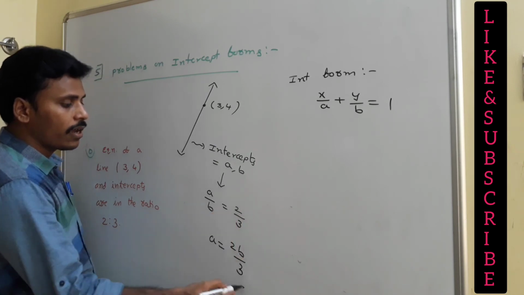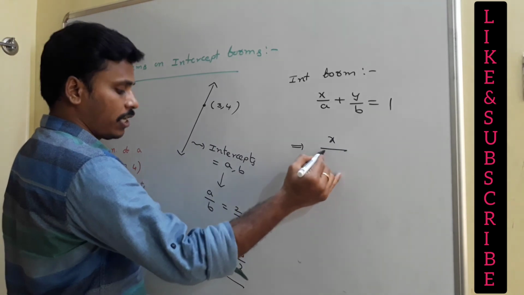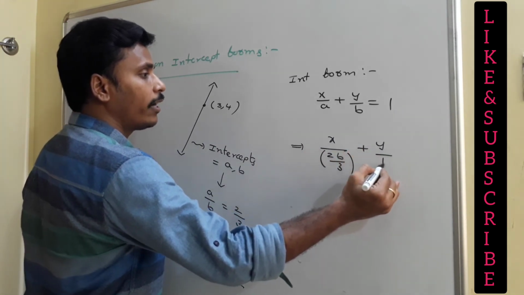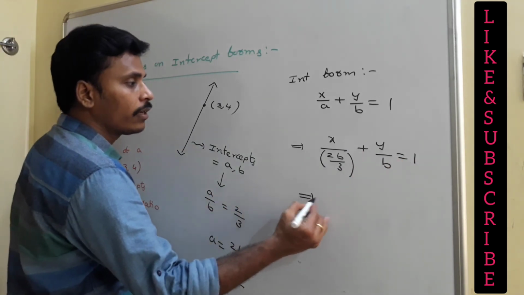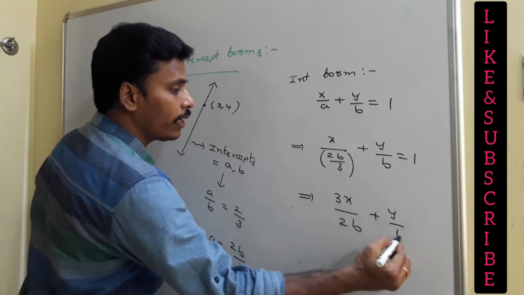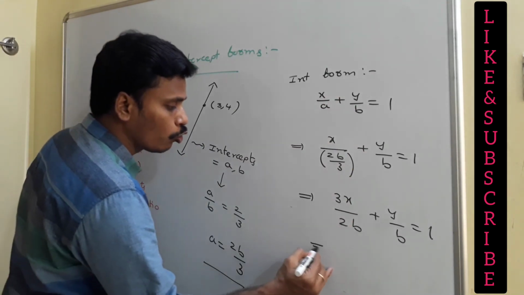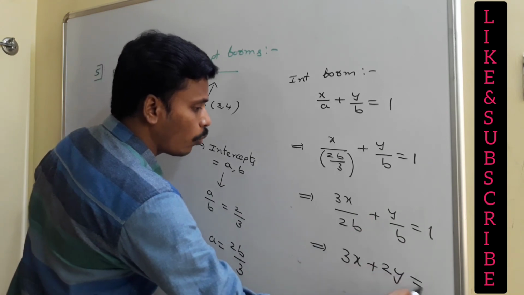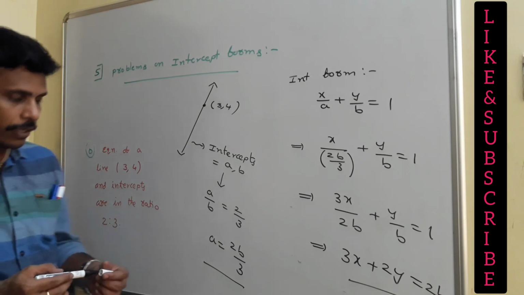Now x divided by 2b/3 plus y divided by b is equals to 1. If you simplify, this is 3x by 2b plus y by b is equals to 1. Now multiply everything with 2b, you get 3x plus 2y is equals to 2b. But I don't have that b, right?